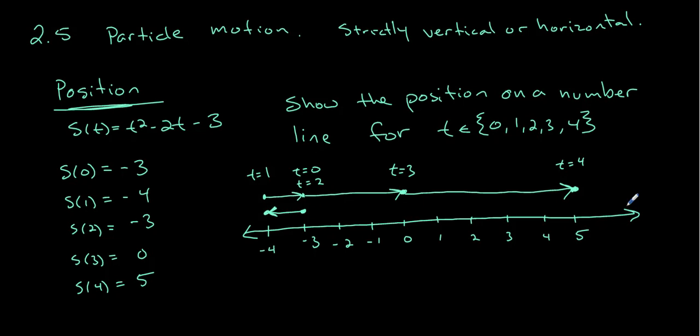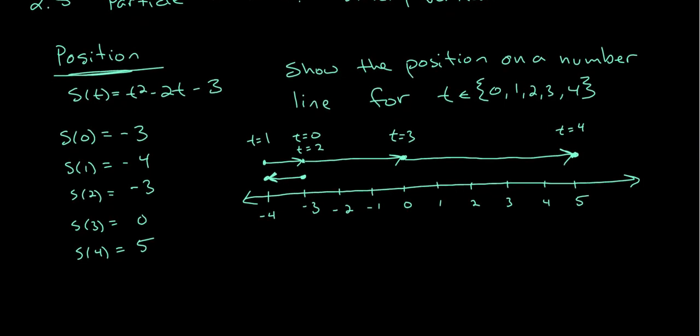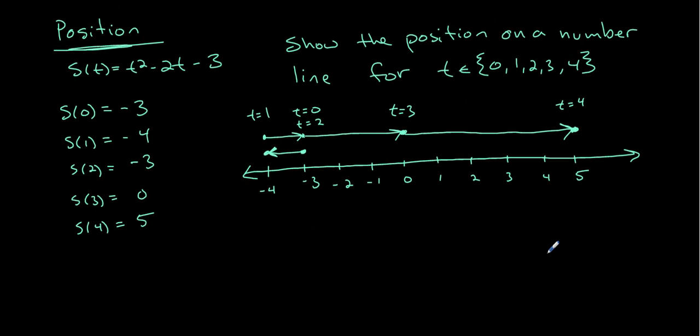So is this object moving faster on this time period or this time period? Yeah, between t equal 3 to 4, it's moving faster, right? Covers more ground, same time period. Okay. Let's see here. Well, we'll get back to this a little more.